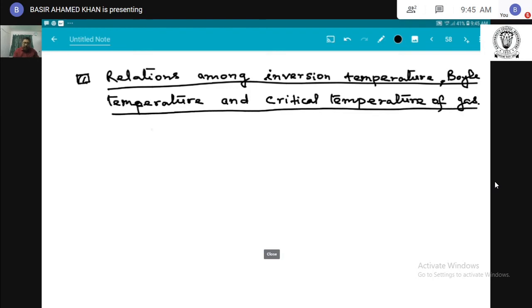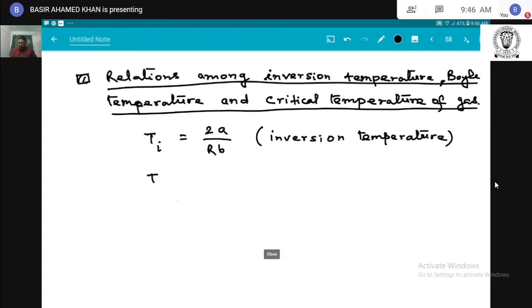Here the inversion temperature Ti equal to 2a by Rb. This is inversion temperature. Boil temperature TB equal to a by Rb. This is boil temperature.